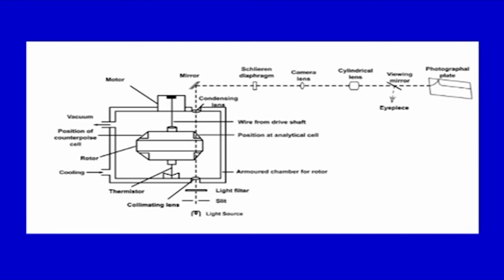There is a well placed optical system which passes through the analytical cell and analyzes the sample or the sedimentation characteristics or different applications as the experiment is going on.